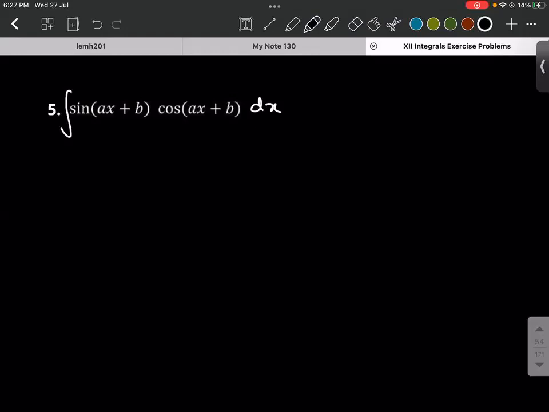You take either of them as t, you will get the other. So for example, I take sin of ax plus b as t. Then I get cos of ax plus b into the derivative of ax plus b, which is a, dx is equal to dt.